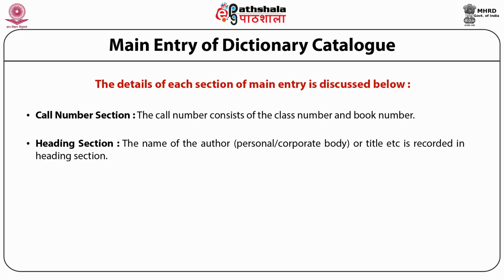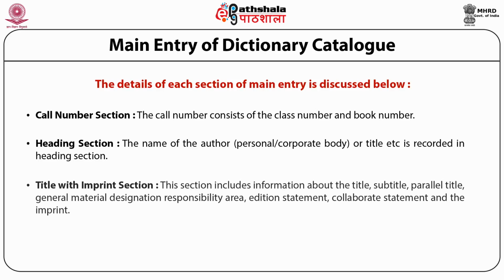Hanging indentation will include information up to the imprint section. The third section is the title with imprint section. This section includes information about the title, subtitle, parallel title, general material designation, responsibility area, edition statement, collaborator statement, and the imprint.